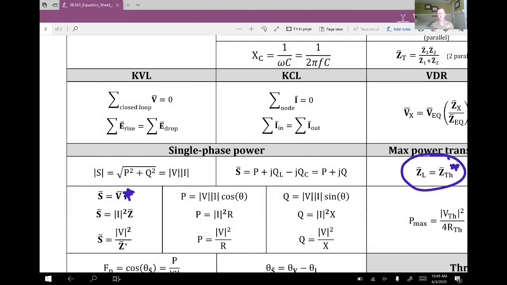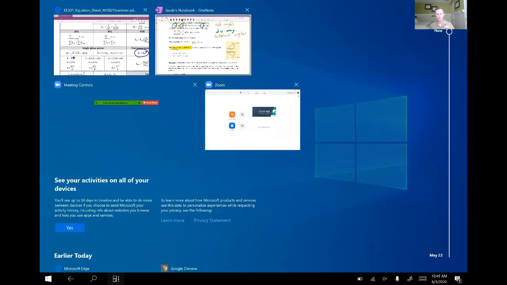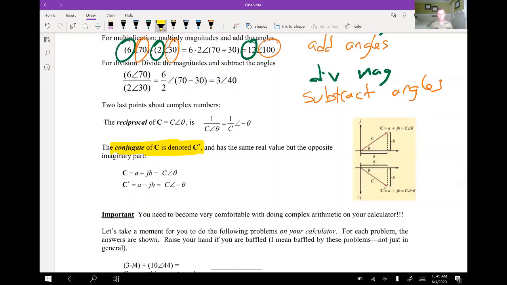There is a shortcut on your calculator under that same complex menu to do complex conjugate, but this one you can do in your head every single time. Because whenever you're doing the complex conjugate, it just means it's reflected on the real axis.